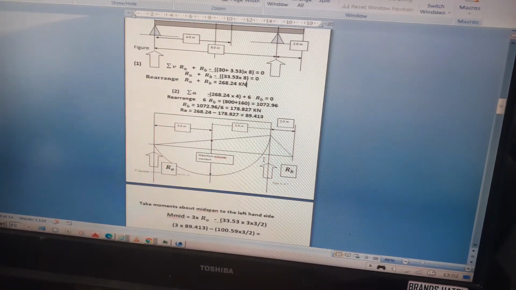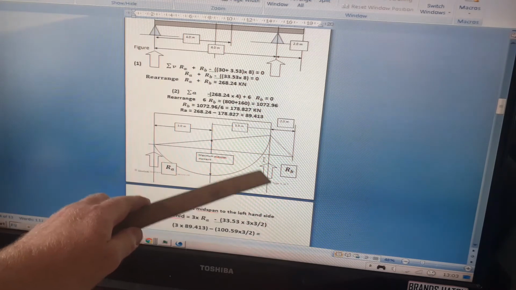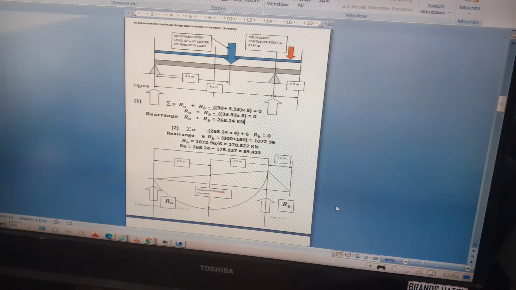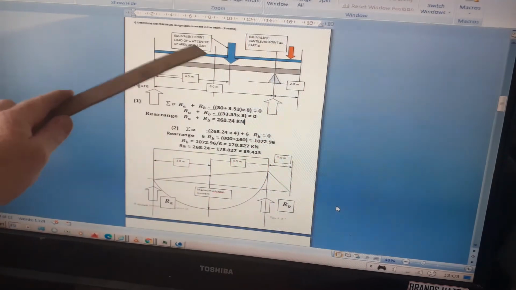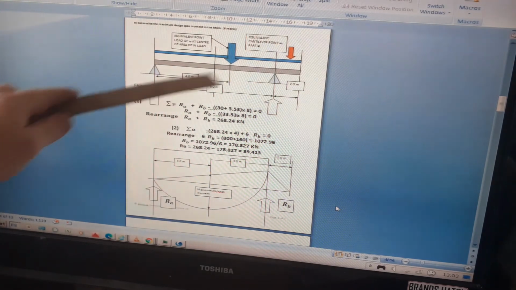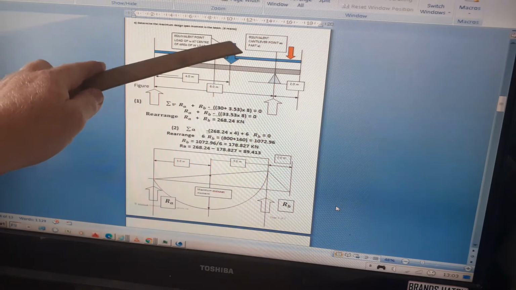So we want to find the moments in the midspan. We need the support reaction. So now we've got to take moments about A to find the support reaction. We do moments. The first force that we're looking at is the UDL over the entire length of the beam.